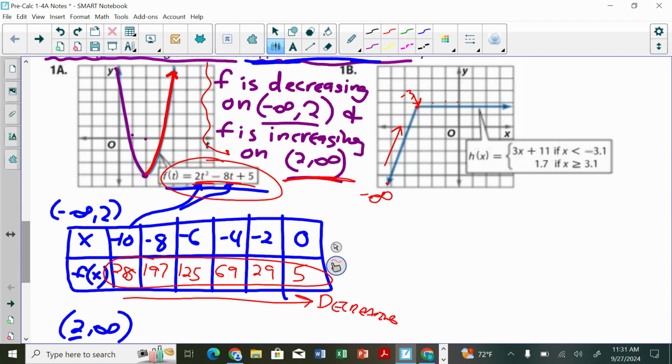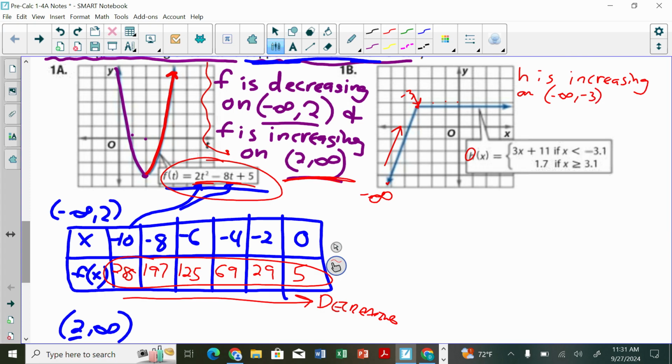So we could say that this is function h, that h is increasing on the interval negative infinity to -3, okay?